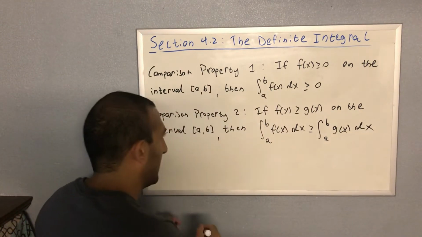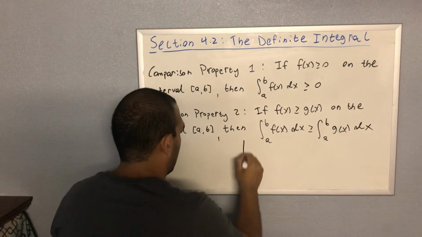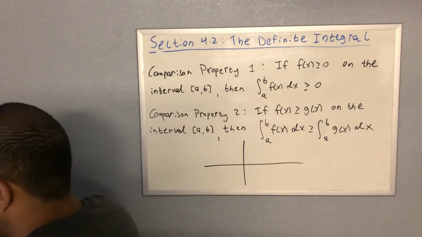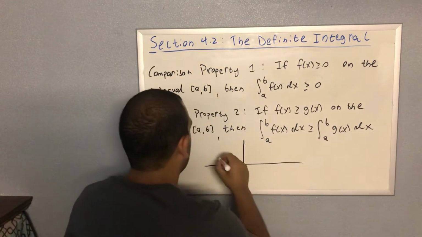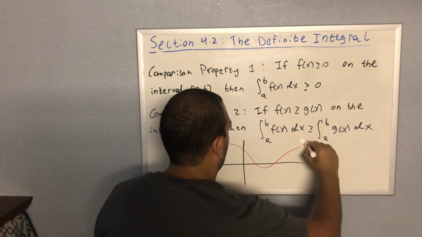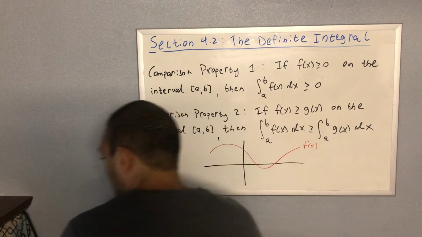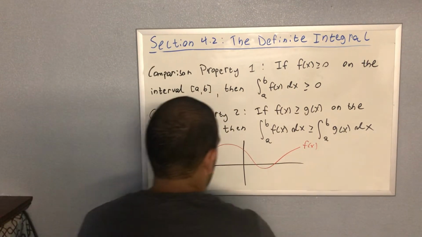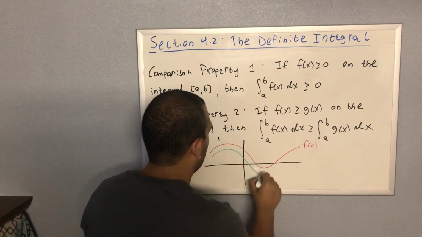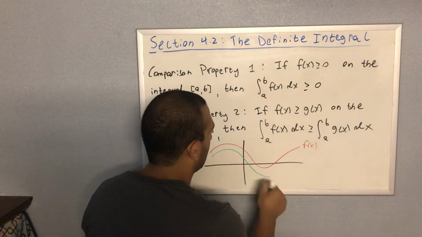You know, we have this, so let's say this is f. Then if g looks like this, so for positive values it's underneath, right? And then for negative values it has to be more negative as well.